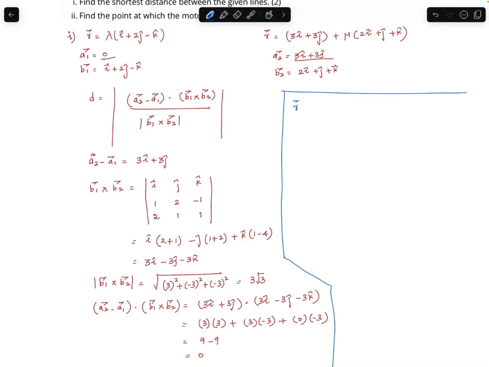The first equation is given by r vector is equal to lambda times (i plus 2j minus k).